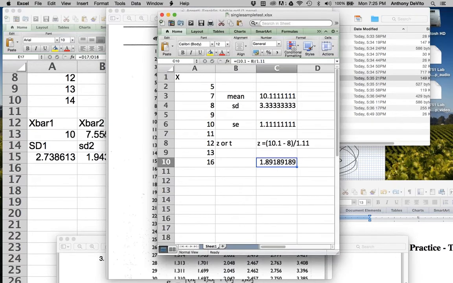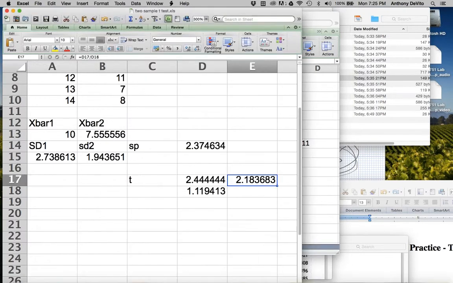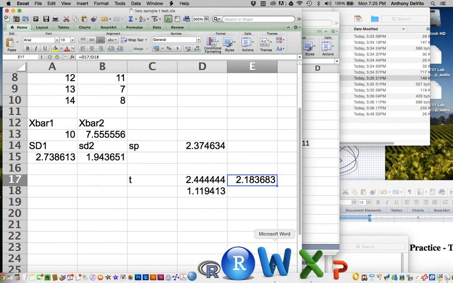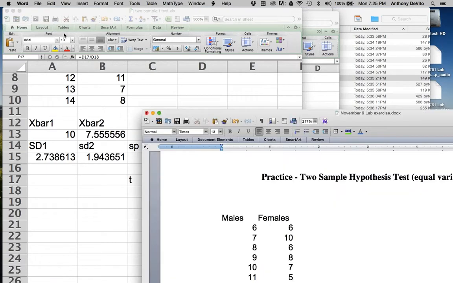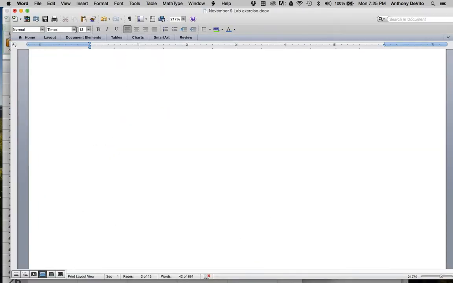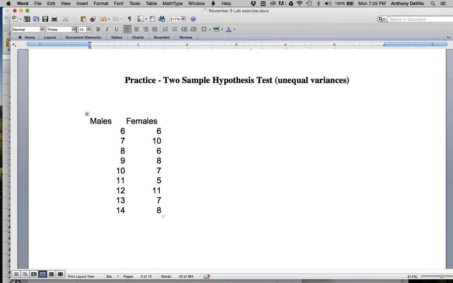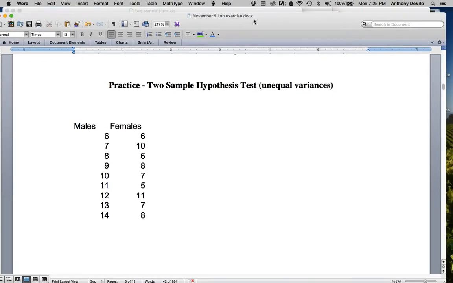Okay, so let's go back to our sheet. Let's take a look at the next problem. Two sample hypothesis test, unequal variances. How are we going to solve that?